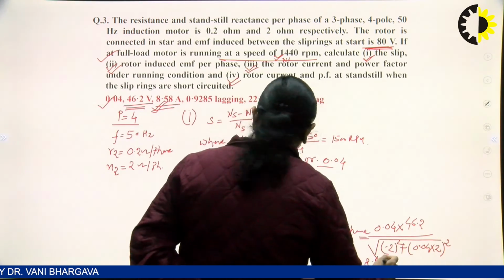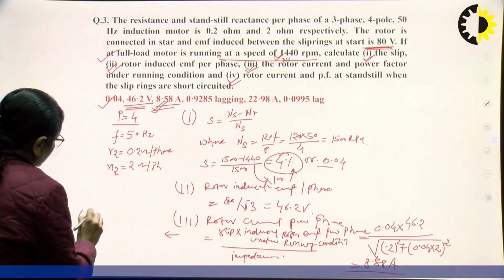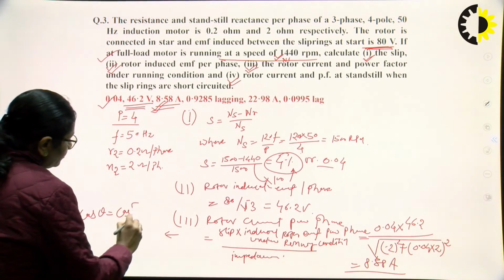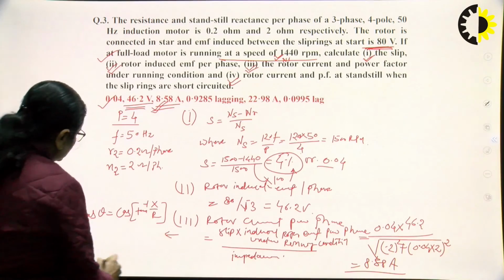Likewise, we can determine the operating power factor cos theta as cosine of tan inverse X upon R under this condition.